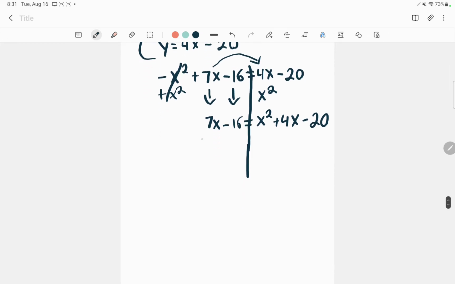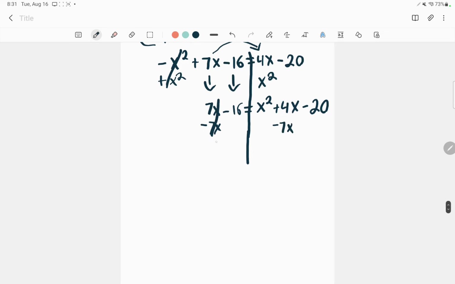Now, that 7x, I want to move to the other side. I'm going to do minus 7x. Those x's cancel out. And now, what are we left with? Negative 3x, right? Minus 20. And x squared on the very top. Equals what? Negative 16.